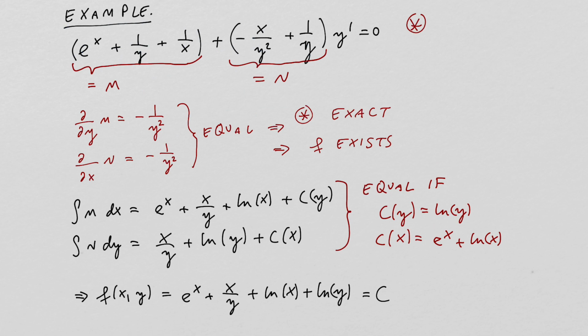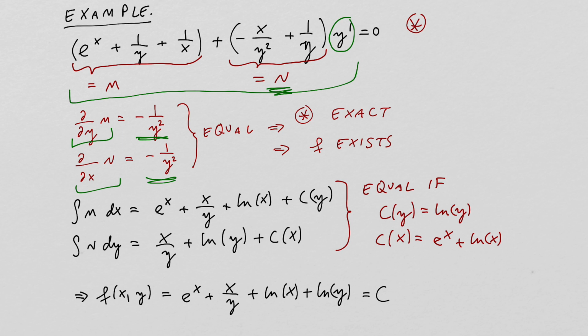Let's study this equation. There is the derivative of y. Let's call the coefficient of that n. And let's call the other terms m. Derivative of m with respect to y would be equal to this. Derivative of n with respect to x would be this.